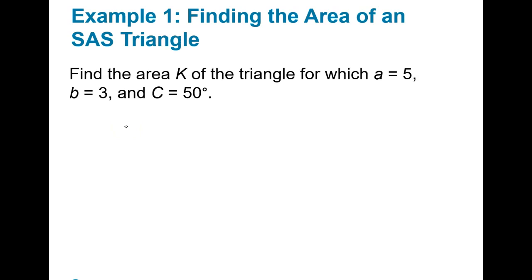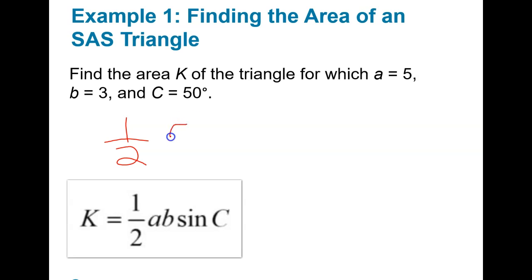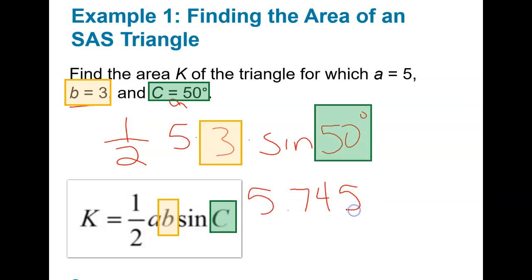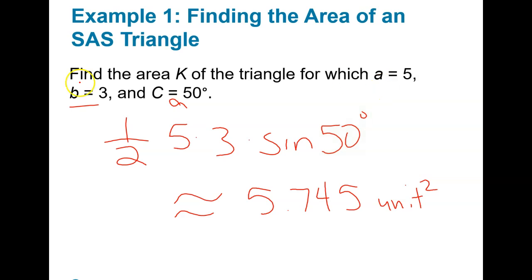So if I want to find the area of this, I'm going to do 1/2 base times height. Call either one of these the base, 5. That's A. The height is going to be B, which is 3, times the sine of C, which is 50. That's 5.745 square units. So when you're given two sides and the angle between them, you can use that formula.